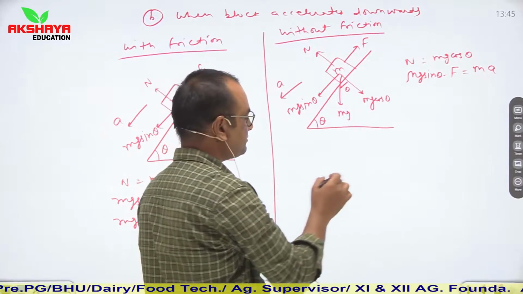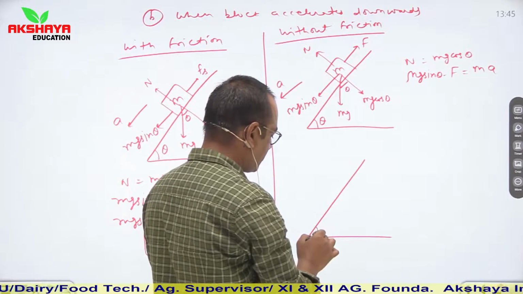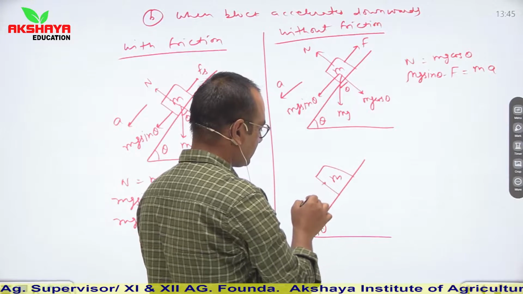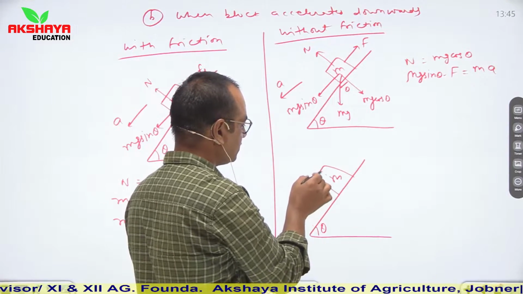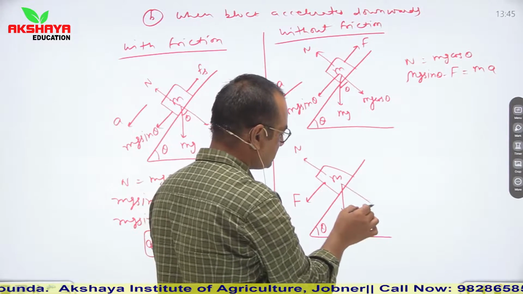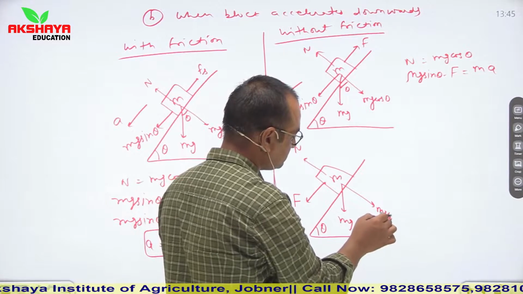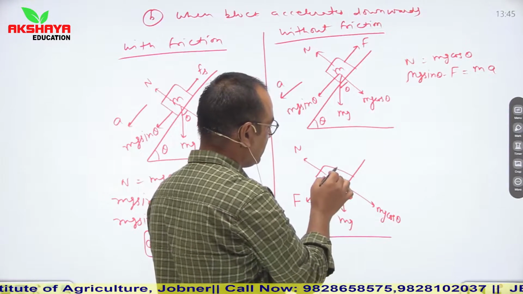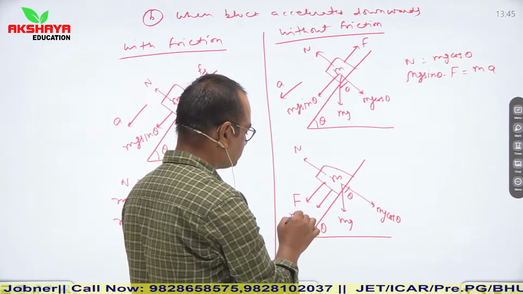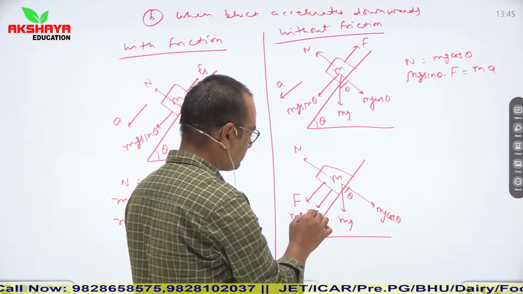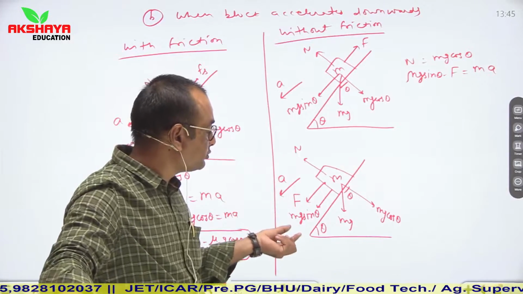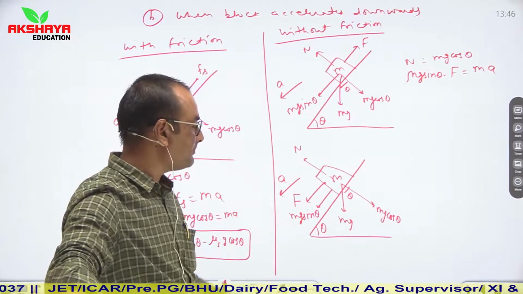See, one more thing in this: suppose you had an inclined plane and this time the force is acting in the downward direction, capital F also acting here. So now see, what happens this time: this is n, this is m, this is g cos theta, and there is no force in upward direction, and this is mg sin theta, and net acceleration is this. So it means now it will accelerate due to the sum of net force F and mg sin theta.